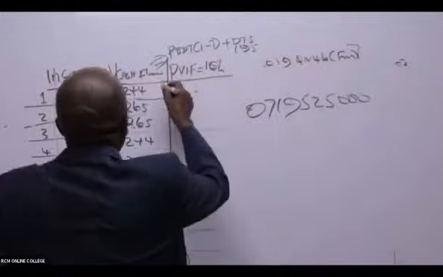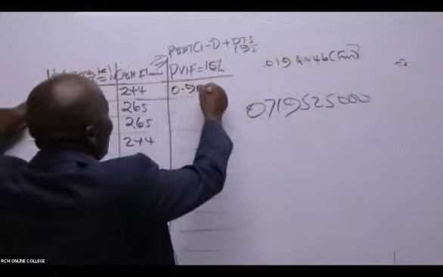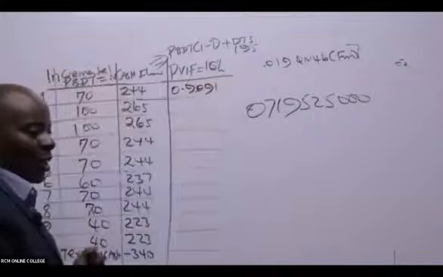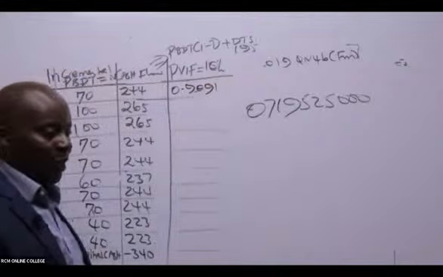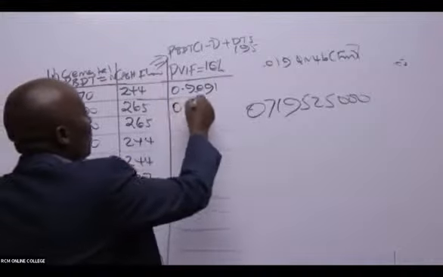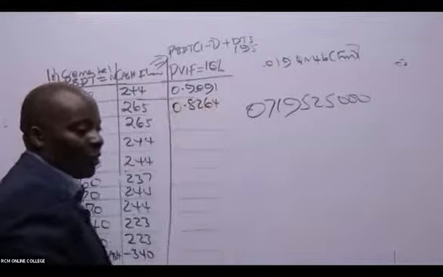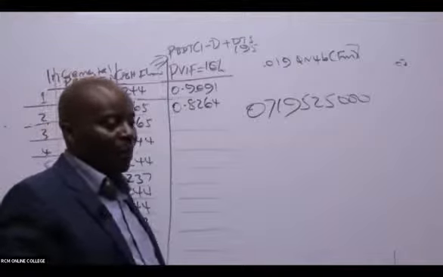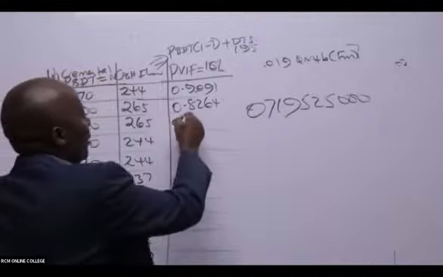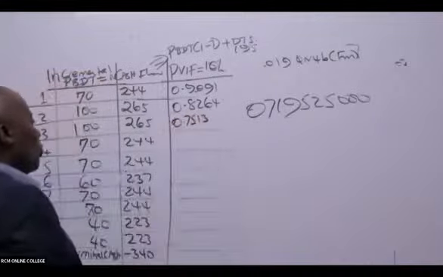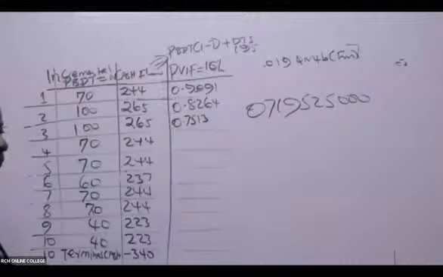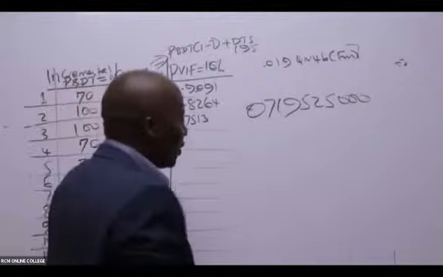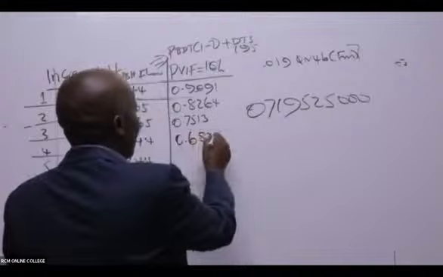So the first one, year one, 10%, it is 0.9091. How about year two? From the table, 0.8264. From there, we go to year three: 0.7513. From there, we go to year four: 0.6830.